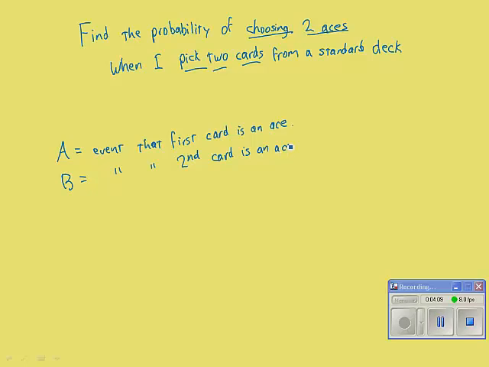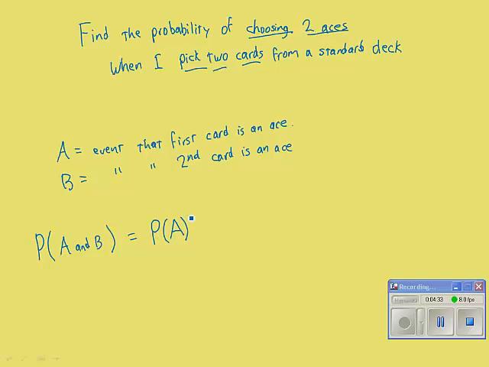Okay, and what am I trying to find? Probability of what? A and B. So this is the probability of what? A. It's times, because this is an and problem, right?